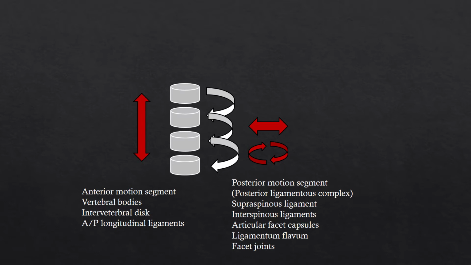The posterior ligamentous complex is made up of the supraspinous ligament, the interspinous ligament, the articular facet capsules, and the ligamentum flavum. So in the diagram, vertebral bodies here provide axial load resistance, and the framework posteriorly of the posterior elements prevent translation of the spine forward, front to back, and prevent rotational motion.